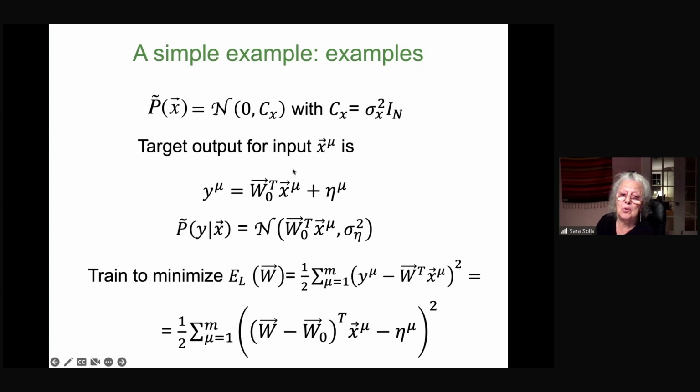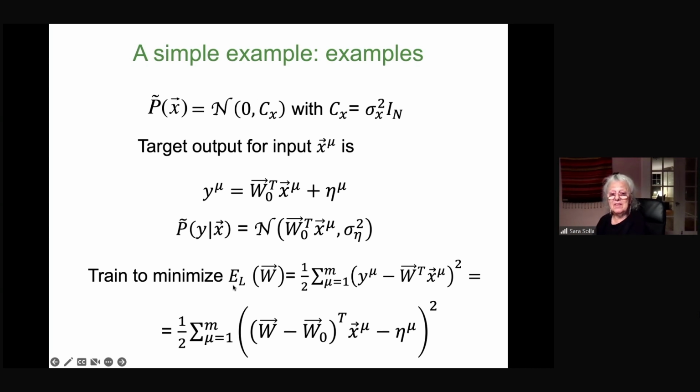This is a scalar product. This is what we sometimes call the teacher network, corrupted by noise eta^mu. So now the probability of y given x is again a normal distribution, not centered at 0, but centered at the scalar product of w0 and x for a given example x, and with a variance sigma_eta squared, where sigma_eta is the variance of the noise.